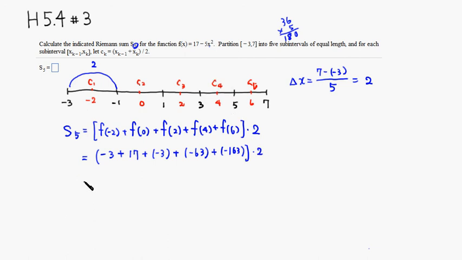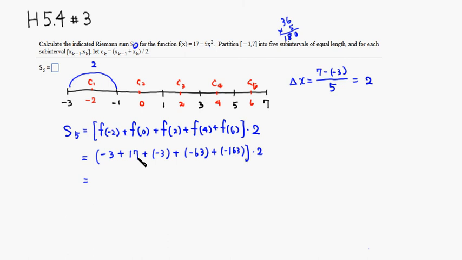So let's do this. It's going to be -3, so -6, and this is going to be 17, so it's 11. And minus 63 would be -52.